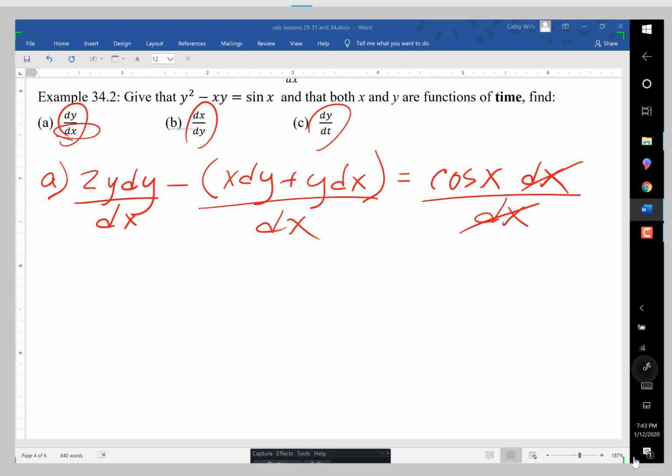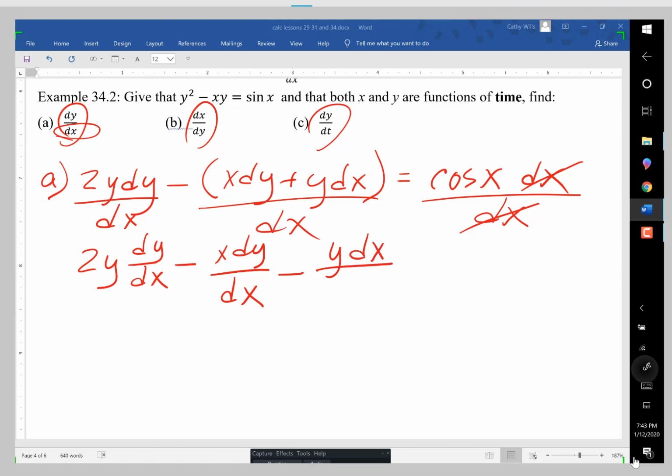Yeah, I should have distributed that negative sign, but anyway, I'll just rewrite it. So 2y dy/dx minus x dy/dx minus y dx/dx equals cosine x. All right, so the dx/dx here also cancels.